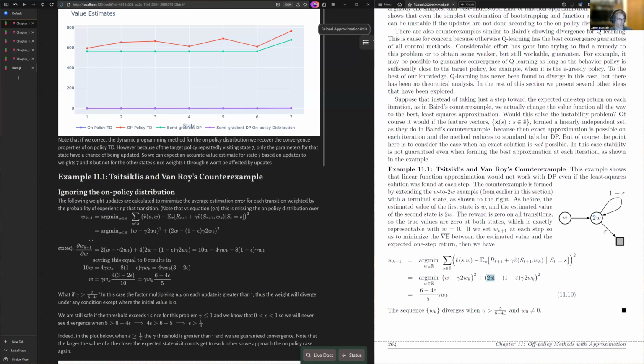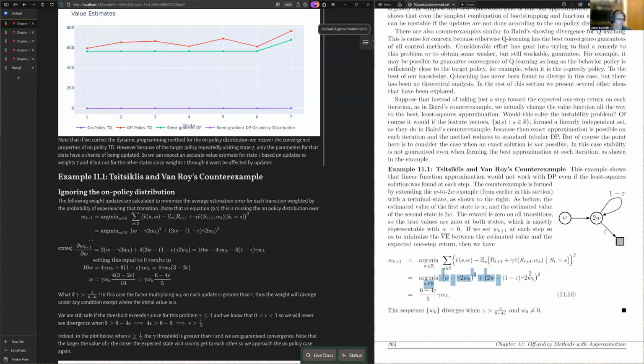Again, we have the current estimated value of this state with W. In this case there are two transitions, but one transition has a value of 0, so we don't have to consider it. The other transition has probability 1 minus epsilon, and then gamma times 2W_k, because that is the value of the transition state.